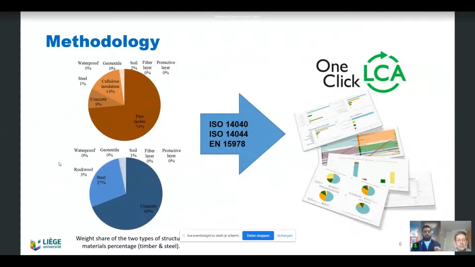In this figure, we can see the weight share of the material for the 2 types of structural material, after the inventory and using the material percentage. The life cycle assessment has been done by use of One Click LCA according to life cycle assessment standards.